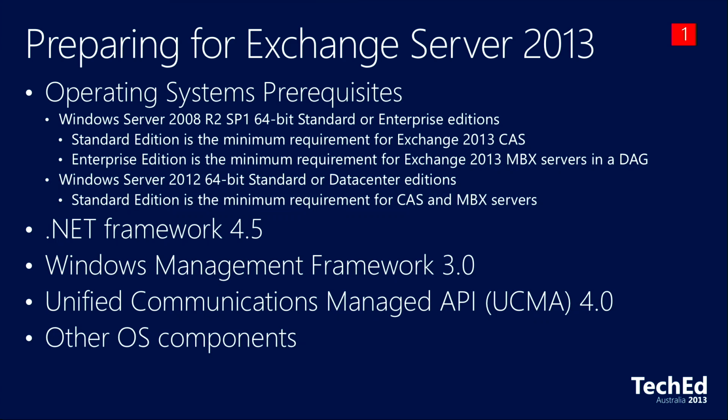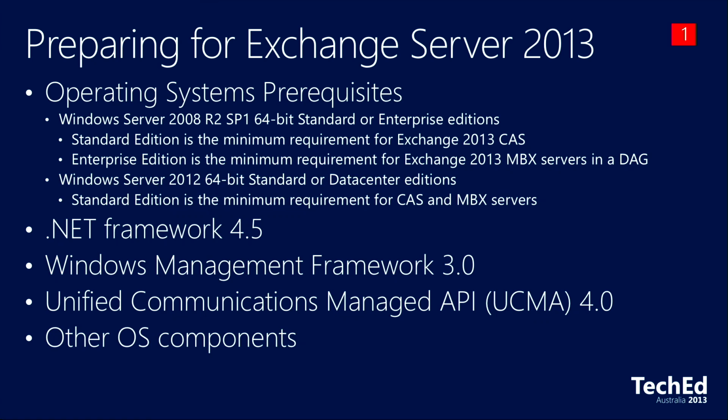Now, we talked about all of these prereqs. Again, I just want to make the point one more time that with Windows Server 2012, all of these prereqs are built in. The only thing that you need to go get is that UCMA API, and you're just deploying that on your servers. Whether you're using unified messaging or not, we need that as a prereq for installing Exchange.